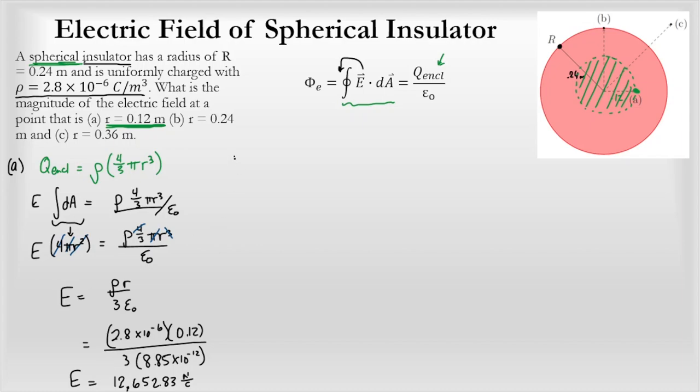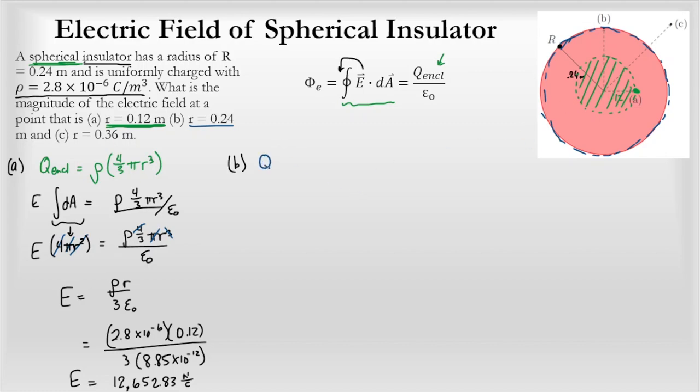All right. Let's do the next part, part B, where we have the radius at the radius of the sphere. So again, we still have spherical symmetry. We're going to have to choose our spherical surface. I'm drawing it in blue over here. It will be a sphere of exactly the charge that we have, of radius big R. That will be our spherical surface.